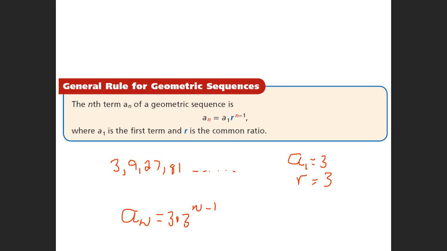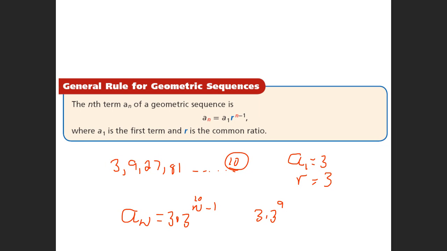And this equation will find any given term. So if I asked you to find, let's say, the 10th term way out here, all we do is plug 10 in here, and that would be 3 times 3 to the 10 minus 1, so 9th power. It's going to be a big number. Let me get my calculator out. So I've got 3 raised to the 9th power. We always do powers first, times 3.